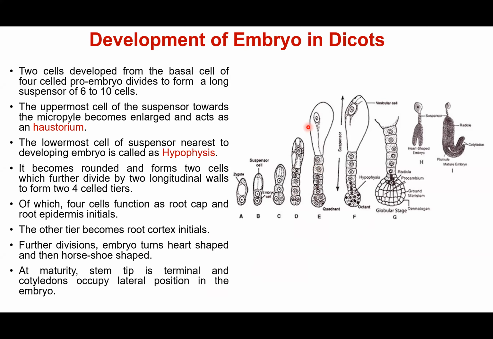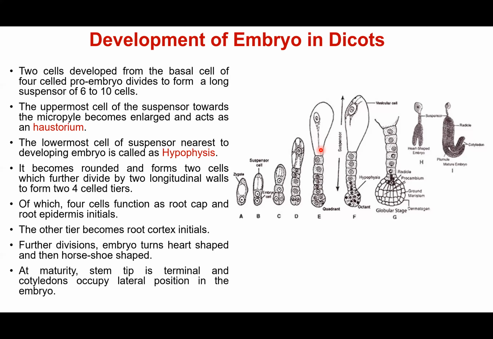In these 6 to 10 cells, the uppermost cell towards the micropyle becomes very large in size. As you can see, the cell is very large and it acts as a haustorium. So what does the haustorium do? The haustorium helps in absorption of nutrients.